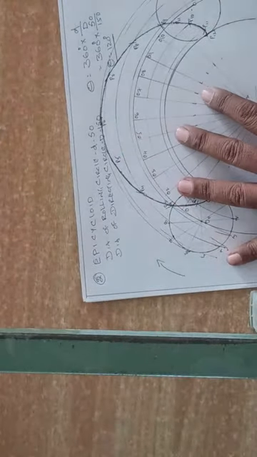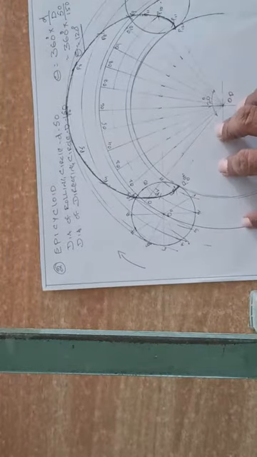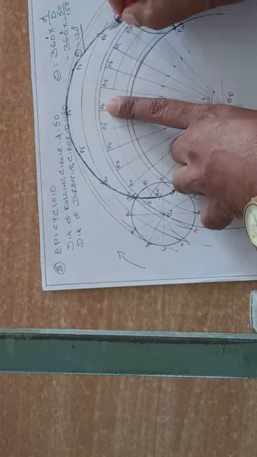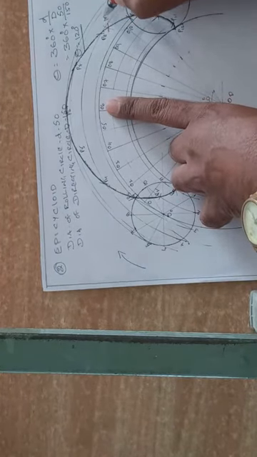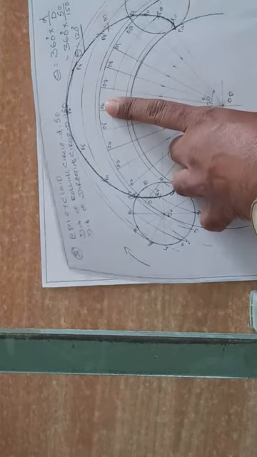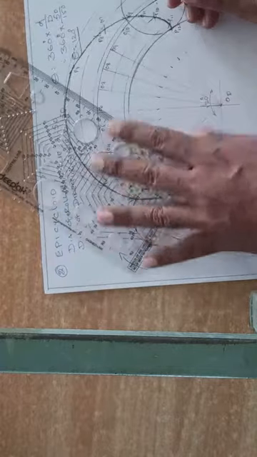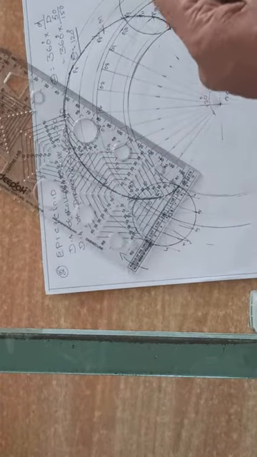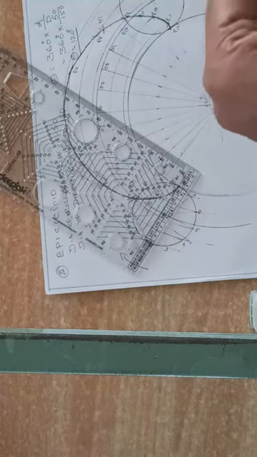Now to draw the tangent and normal for this curve, let me take a point anywhere on the curve. Okay, now I will take the point M here. Now the procedure is, join M. Now take the compass, circle radius as radius.